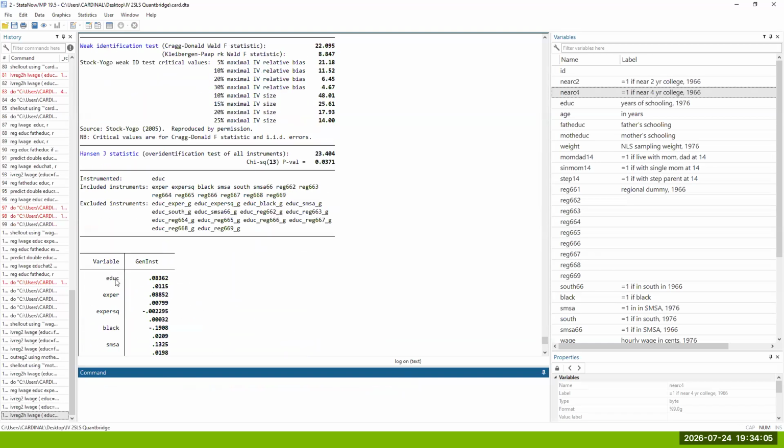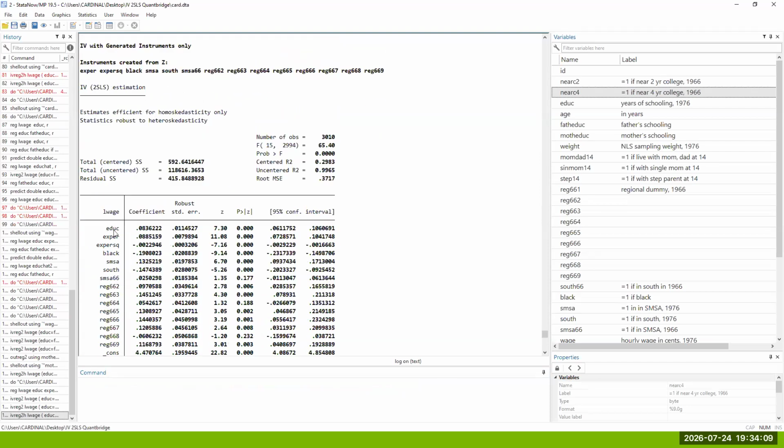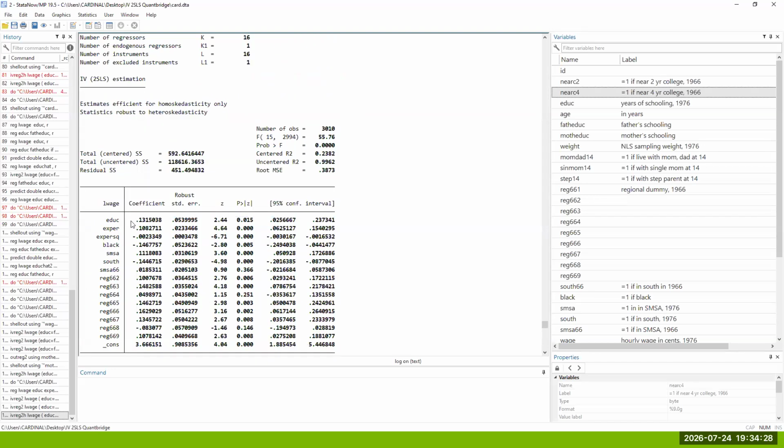It now estimates and gives you the effect of education being this and that. Now, this is the consistency I was talking about. When we estimated the OLS, we had 0.07 for the effect of education, right? When we use the standard two-stage least squares, which is here, we had 0.131. It means that the IV results are bigger than the OLS results.